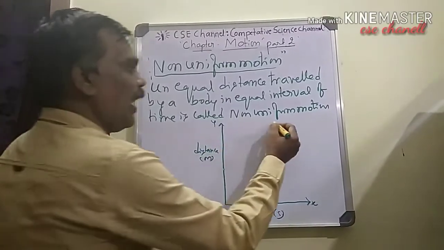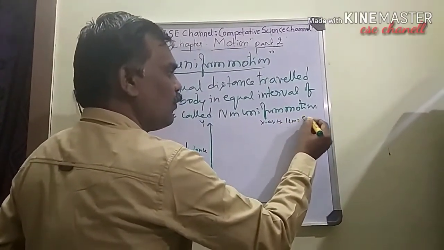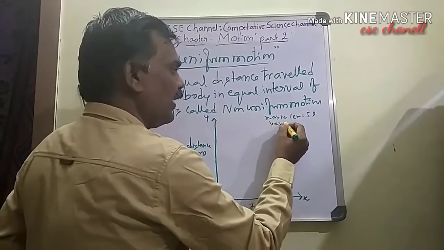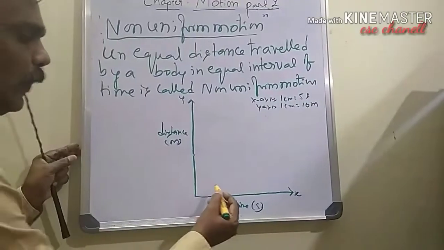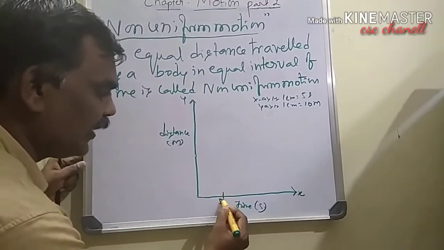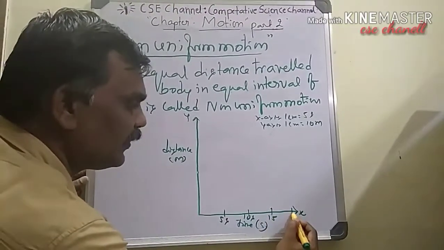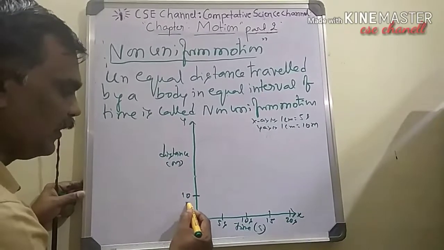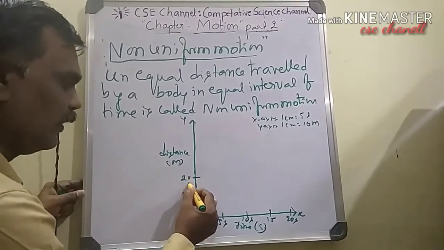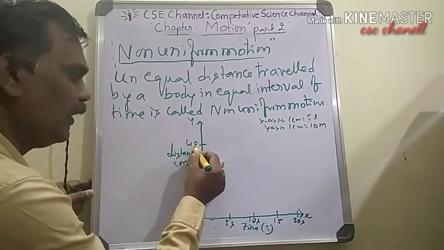As usual, on the x-axis 1 centimeter is equal to 5 seconds, and on the y-axis 1 centimeter is equal to 10 meters. 5 seconds, 10 seconds, 15 seconds, 20 seconds. Here it is 10 meters, 20 meters, 30 meters, 40 meters.